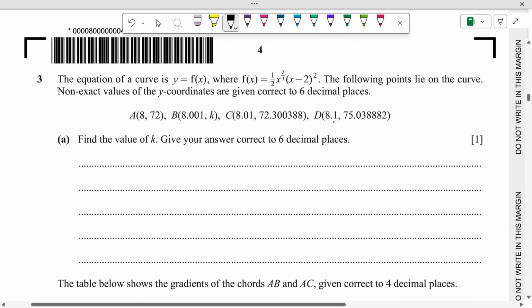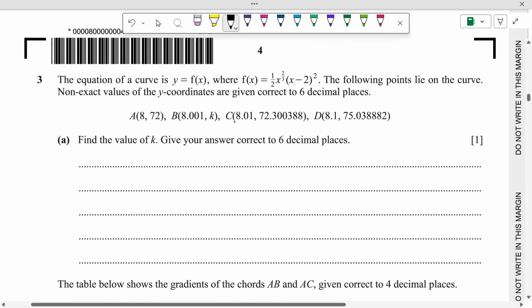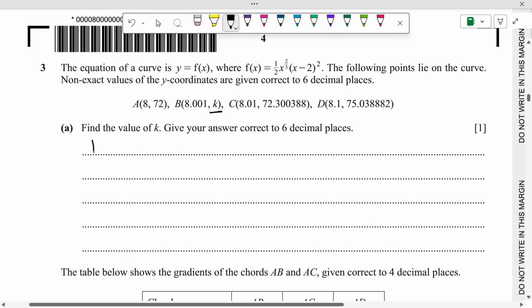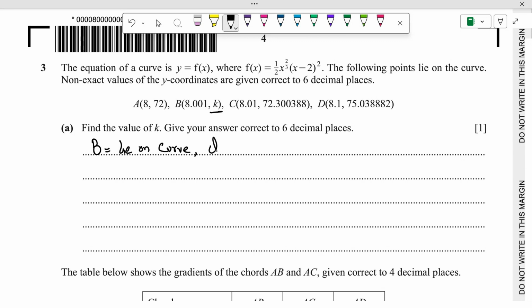Okay, we have the 4 points A, B, C, D which lie on the curve. We need to find the value of k. We know that if a point lies on the curve, then it will satisfy the curve equation. So B is a point on the curve, so it will satisfy the curve equation.